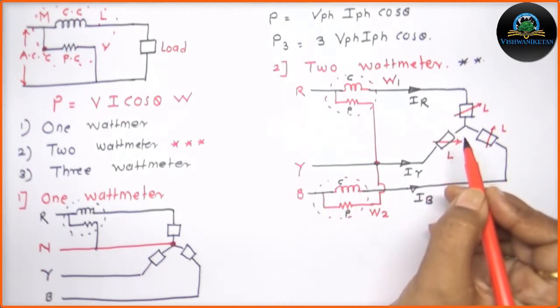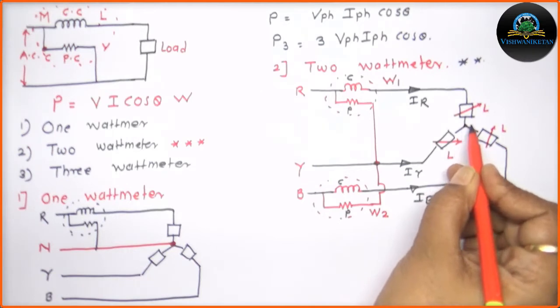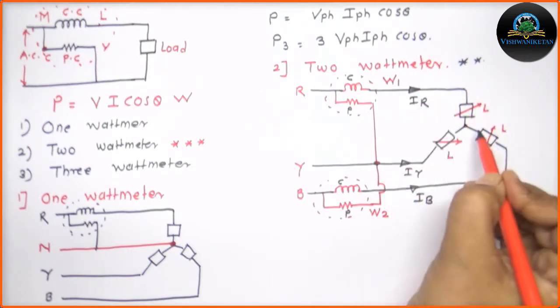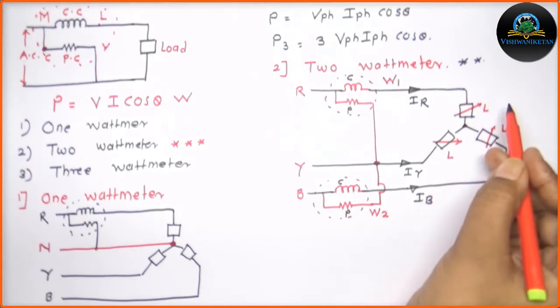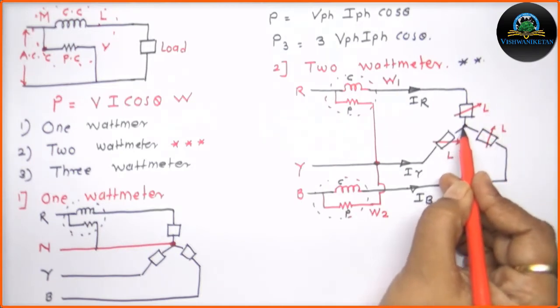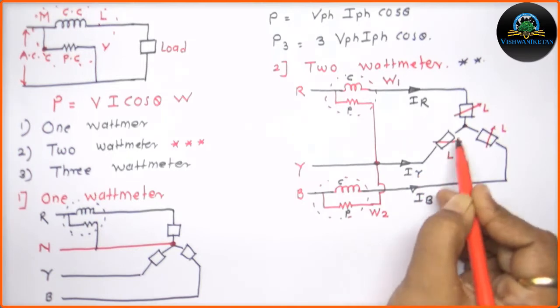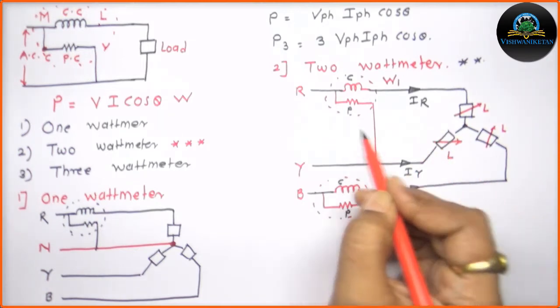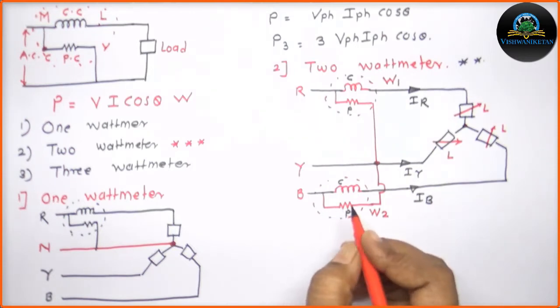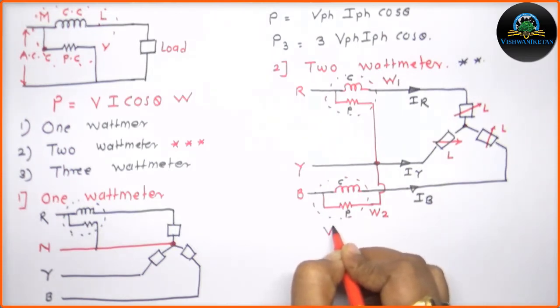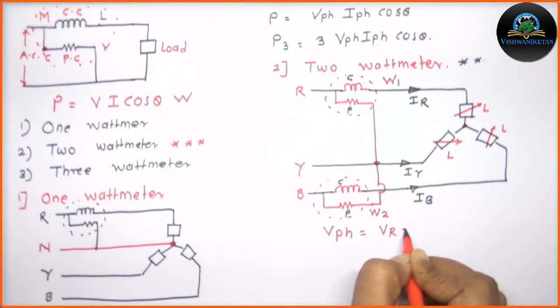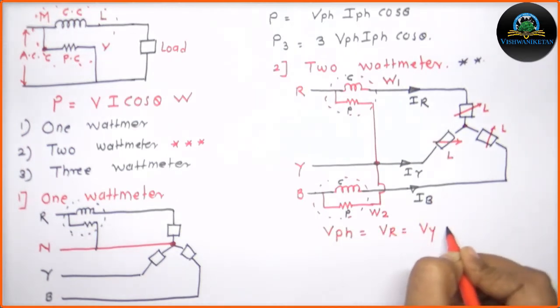If I am considering the phase value, if I am connecting the voltmeter across the terminal R and this neutral point, it is going to measure my VR. Then if I am connecting the voltmeter between Y and the neutral, that voltmeter is going to measure the VY. So that way I will get all the phase voltages, and so phase voltage Vph is equal to VR, VY and VB.